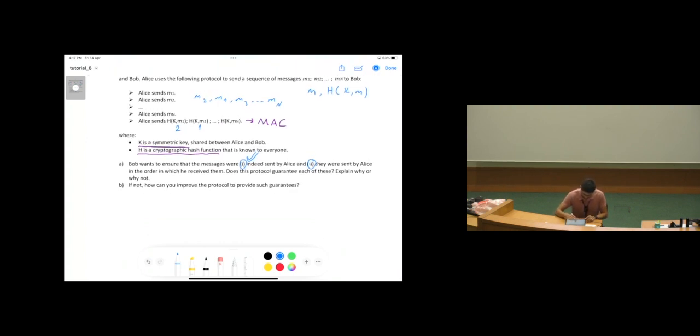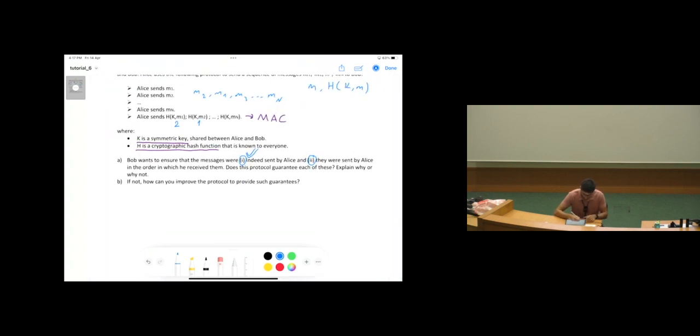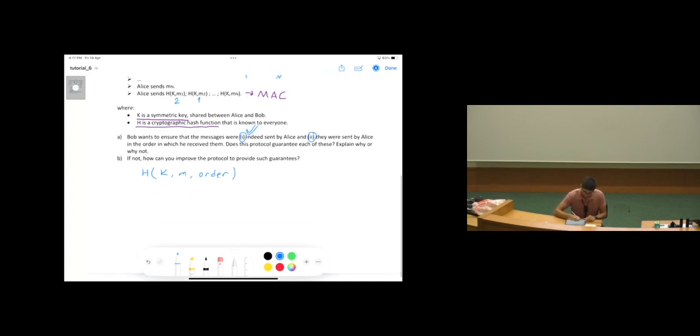We can structure the protocol so that in the hash, we take three things: the K, the message, and the message's order. For instance, now she will send h of K, M1, 1, and then she will send h of K, M2, 2, and so on.